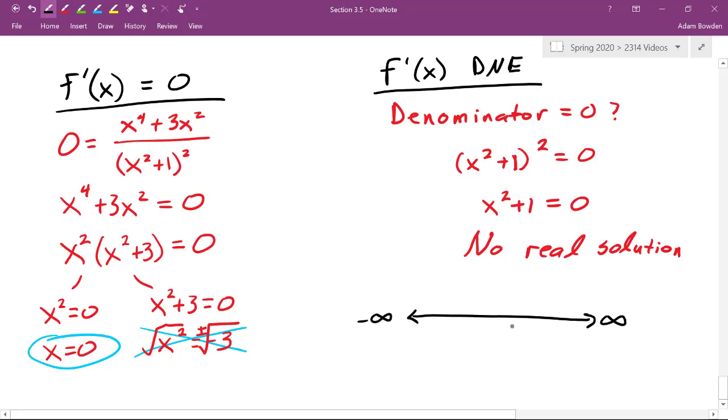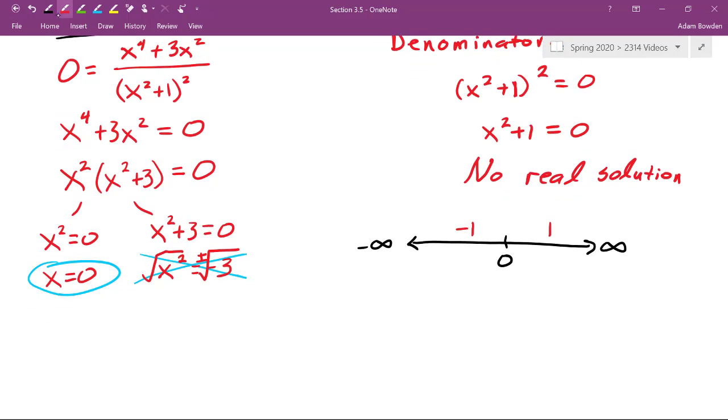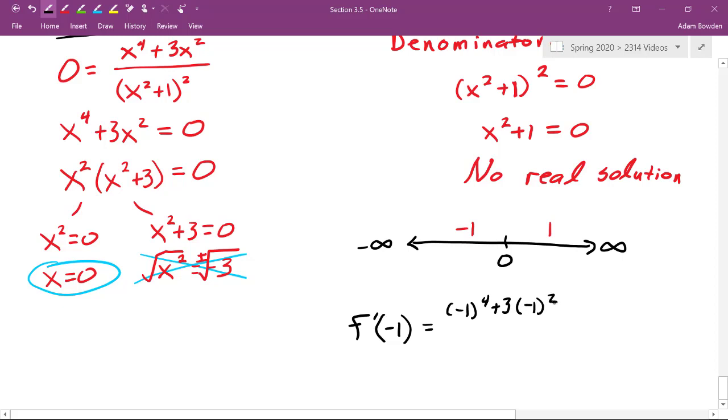So to check out what's going on there, we'll plug negative 1 and 1 into our first derivative. If we plug in f prime of negative 1, we get negative 1 to the fourth plus 3 times negative 1 squared, over negative 1 squared plus 1, all squared. Notice we'll have something like 4 divided by 4, which is equal to 1.